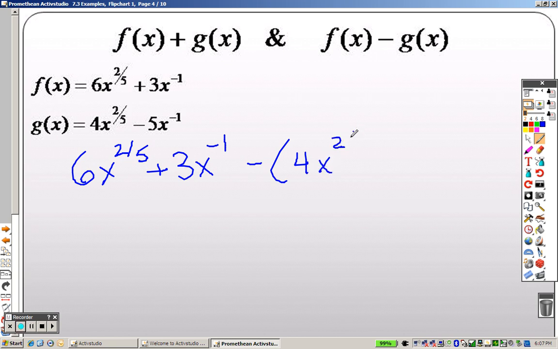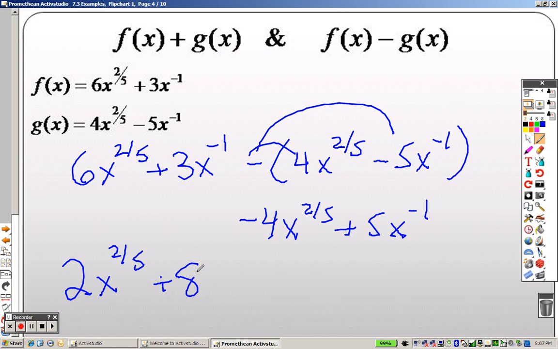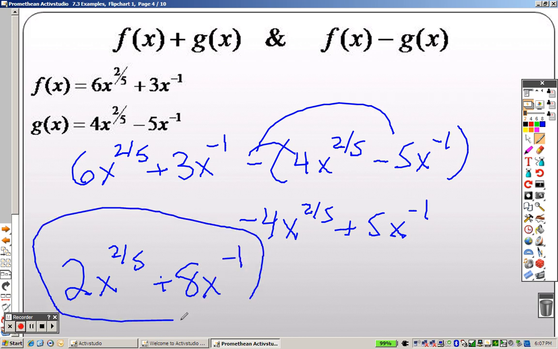That's what this means. It's minus all of this. So that's like saying now it's negative 4x to the 2/5, and it's positive 5x to the negative 1. So if I have 6 of those minus 4 of those, I have 2 of those. And if I have 3 of those and 5 of those, I have 8 of those. And that's your answer for subtracting them.